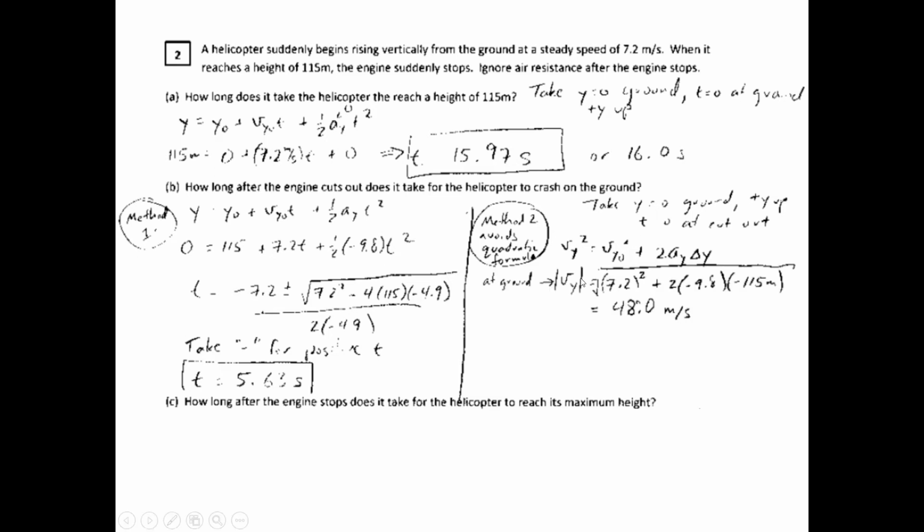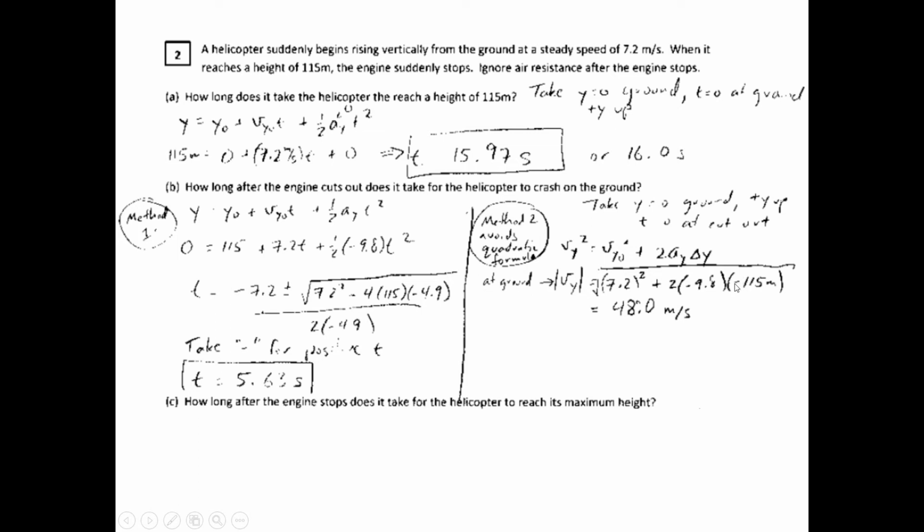So substituting those in and then taking the square root of both sides, I would get the magnitude of the y velocity when it hits the ground, I know it's going to be negative, is the square root of the stuff on the right-hand side: 7.2 squared plus 2 times minus 9.8 times minus 115. And it's absolutely crucial that you get that minus sign in there.